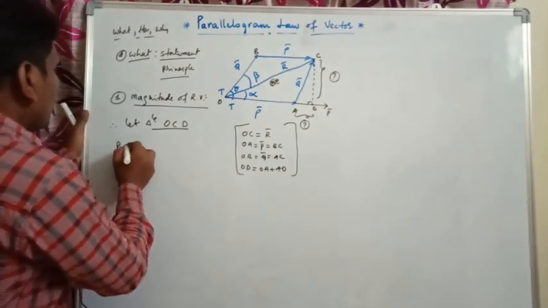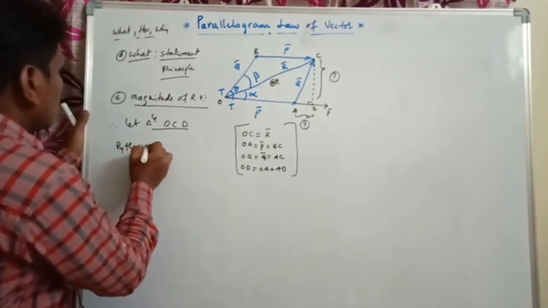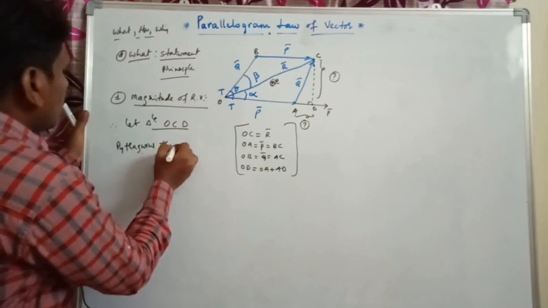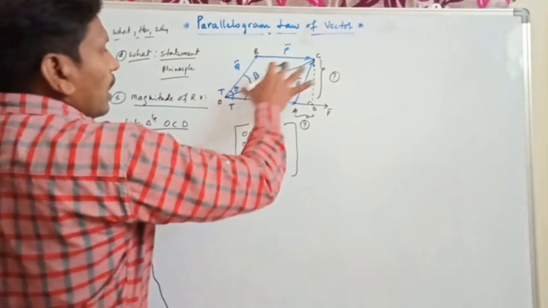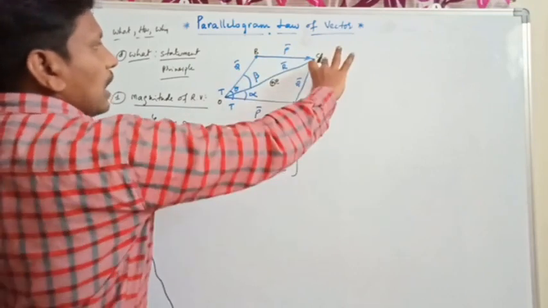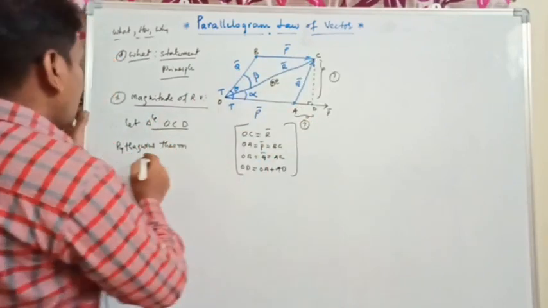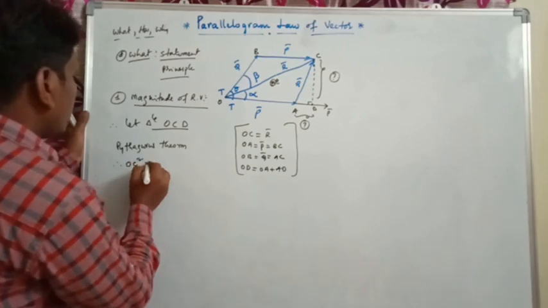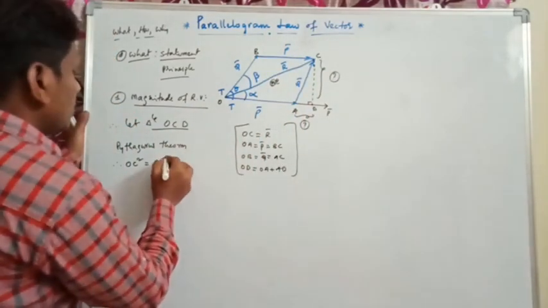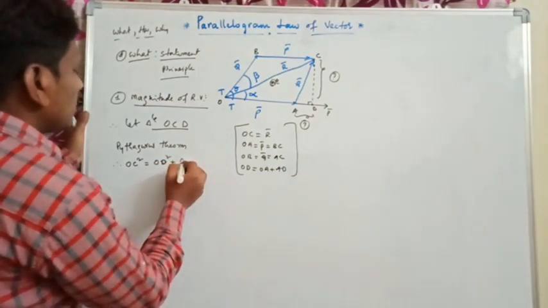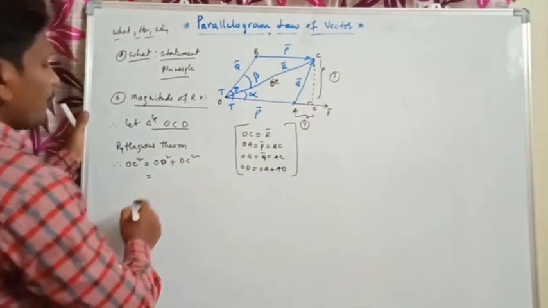So from the Pythagoras theorem, this is the hypotenuse, this is the opposite side, this is the adjacent side. That is OC square equal to this one square plus this one square, OD square plus DC square.